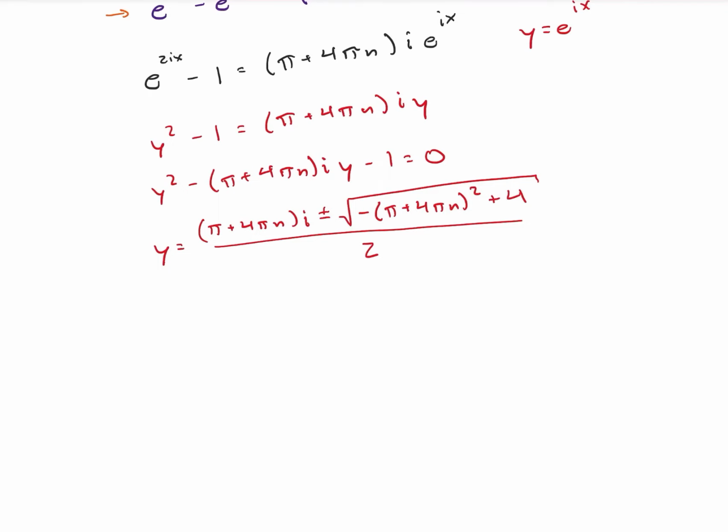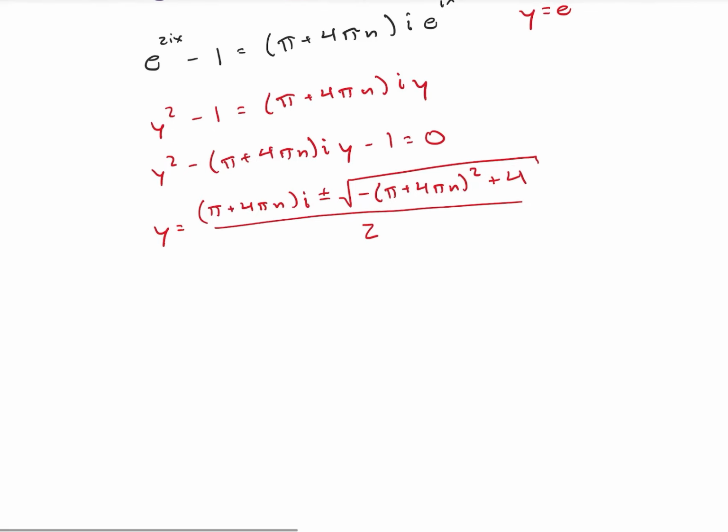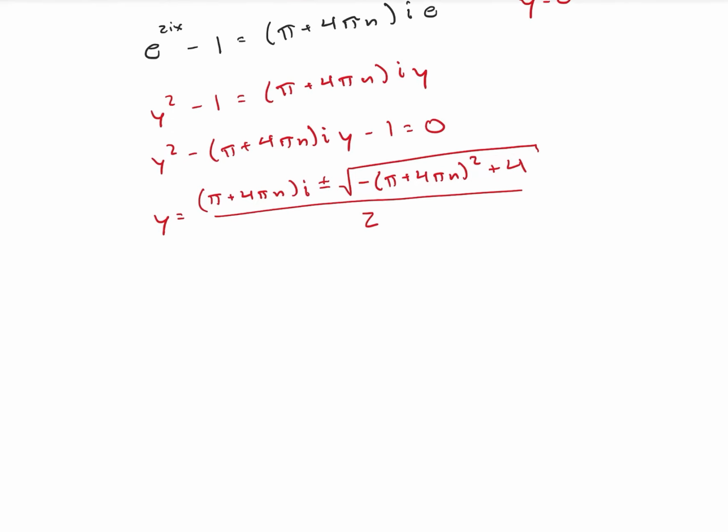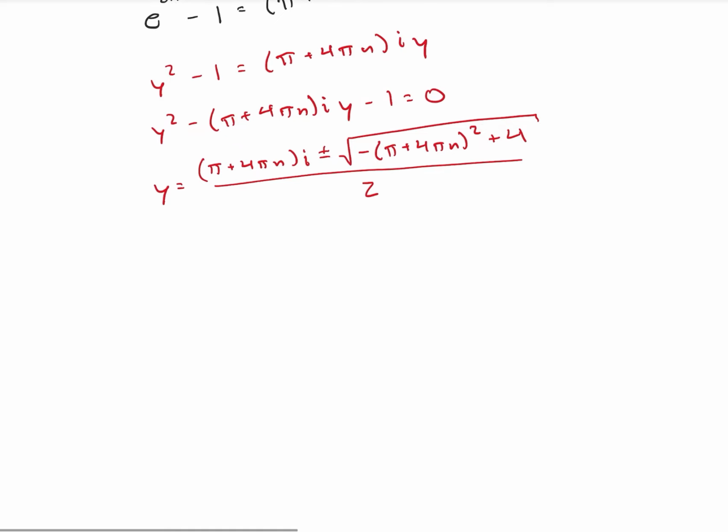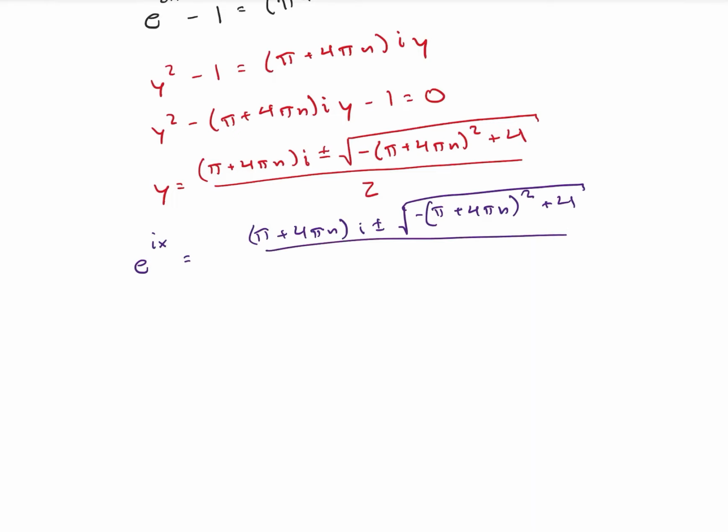Okay, so my next step in my solution here is, what was y? So y was e to the ix. So I'm saying e to the ix is then equal to this guy on the right, pi plus 4 pi n i, plus or minus the square root of negative pi plus 4 pi n squared plus 4, divided by 2.